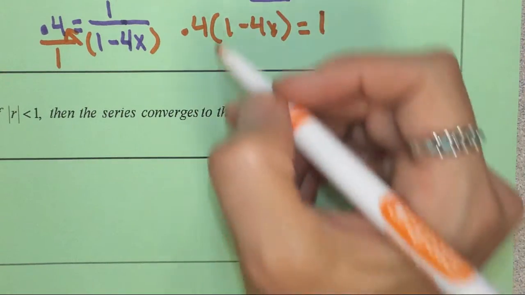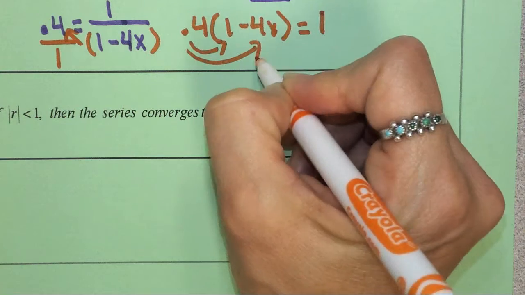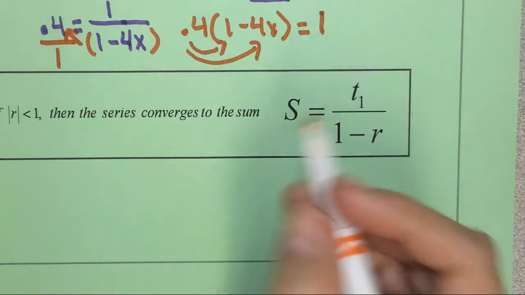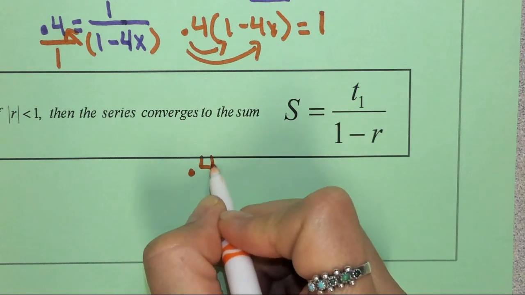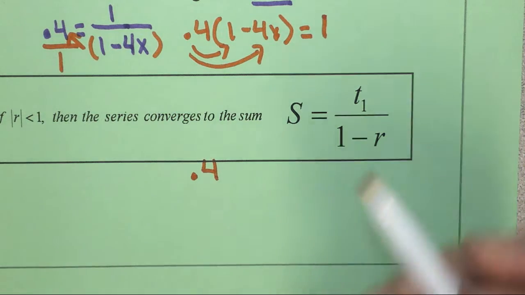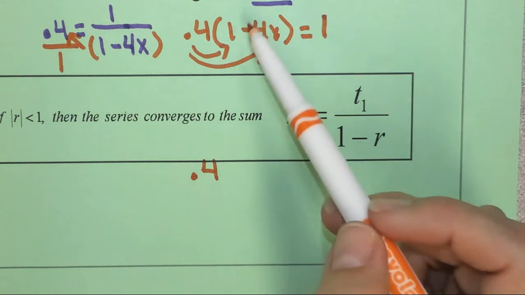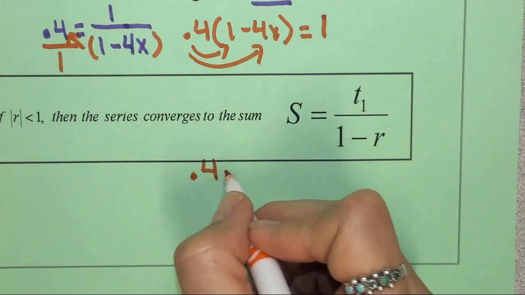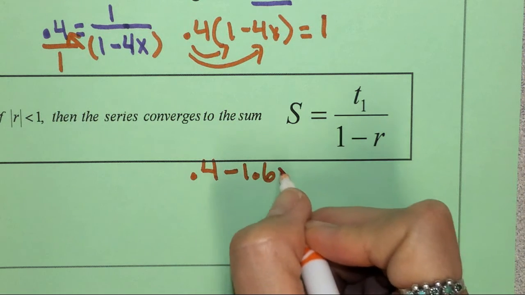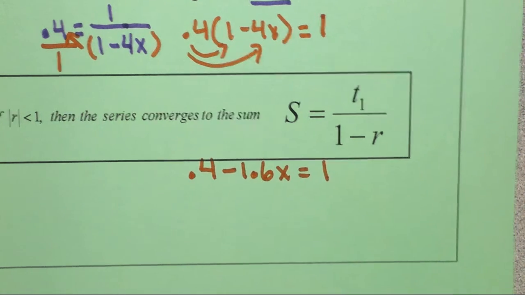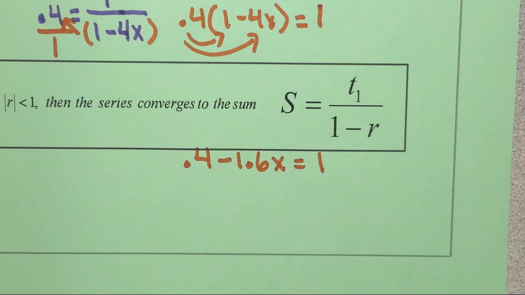And we're going to go solve that. We're going to distribute. So what's 0.4 times 1? 0.4. Okay, y'all have calculators, so help me out. What's 0.4 times negative 4? Negative 1.6. Don't forget your x. Equals 1.